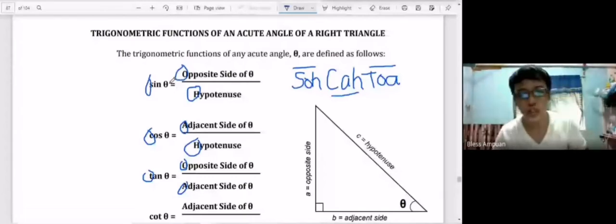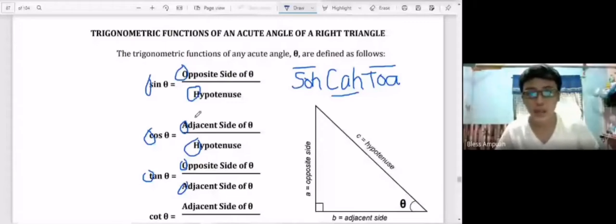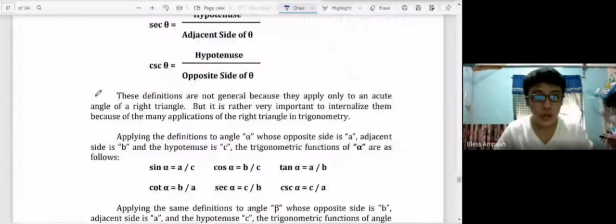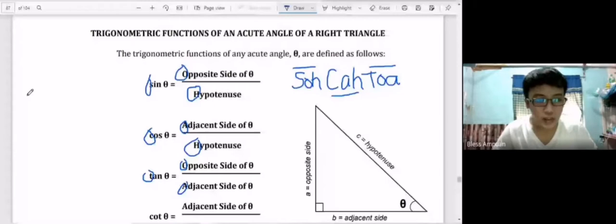There are also the remaining three trigonometric functions. We know the sine, okay, it was not stated here. So the cosecant theta is the reciprocal of the sine.